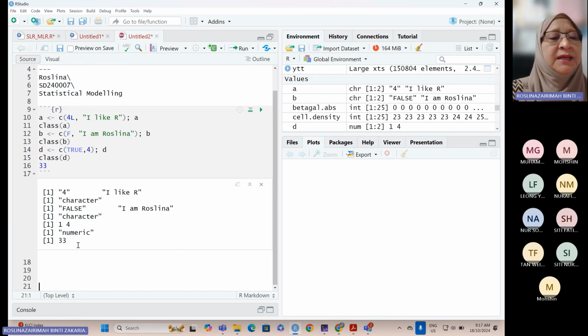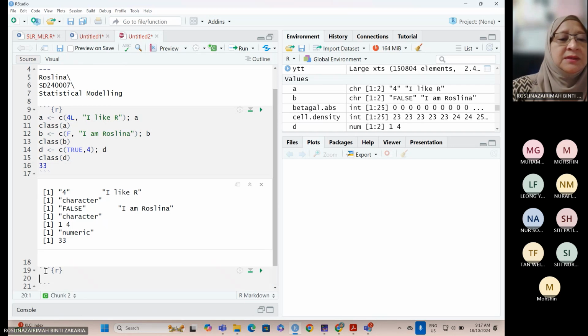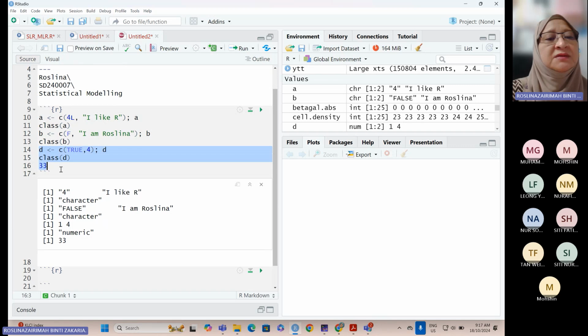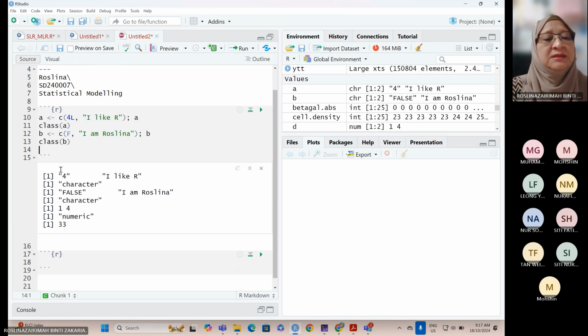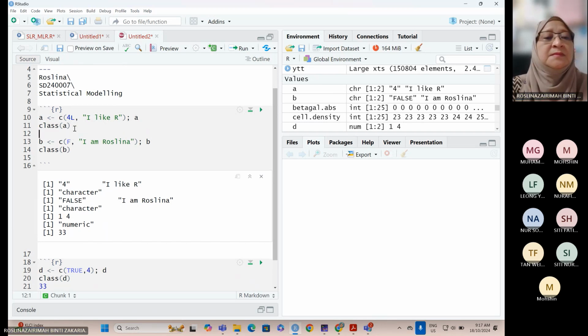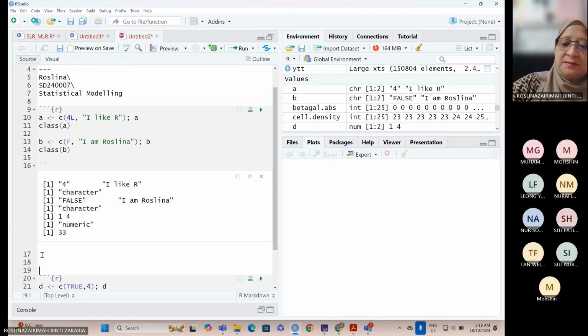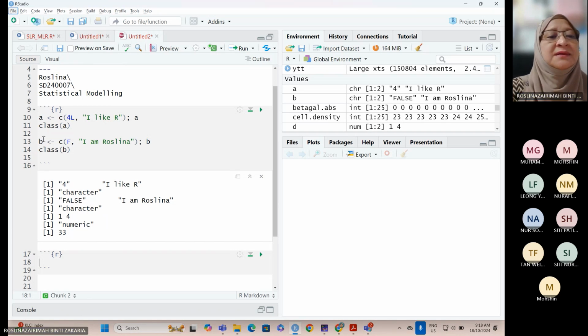And actually I can put more, Control Alt Insert, sorry, to separate this. Sometimes it is better to separate this, so that you can see the answer clearly.